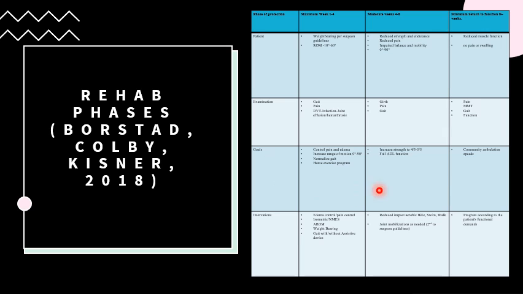Here we can see some of the goals for each of the stages. Controlling pain and edema, vital here in that first stage to increase tissue healing and reduce the neuromuscular inhibition and the desire to get out there and move.